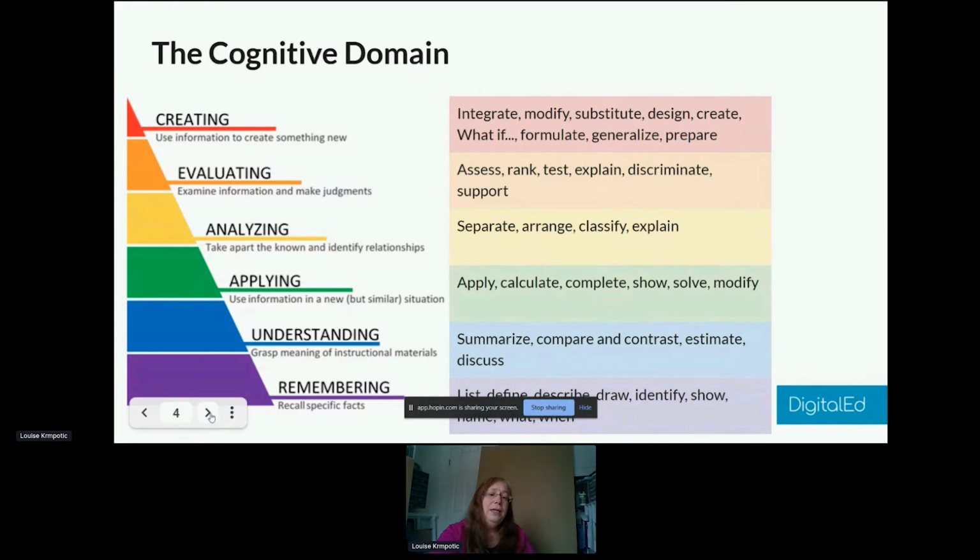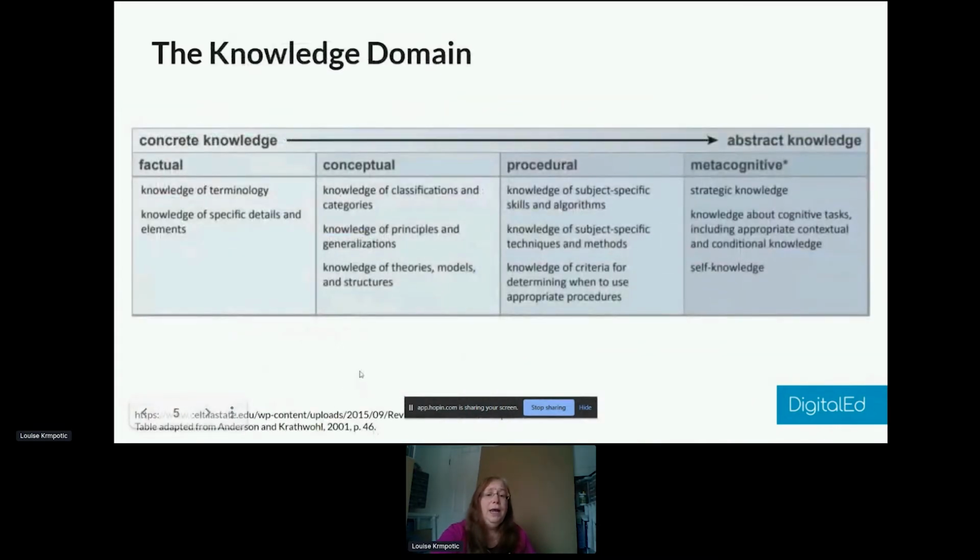Now, in about 2001, Anderson and Krathwohl also talked about how it's not just the cognitive domain, but there's also a knowledge domain. So within the cognitive domain, you're moving up the pyramid, but at the same time, there's another scale, the knowledge of what the student is understanding, going from factual and then conceptual all the way up to metacognitive.